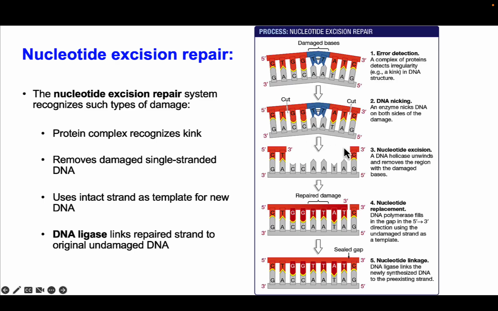So this is the nucleotide excision. This also involves the helicase to unwind this region so that these fragments can be removed. Then DNA polymerase will come back in and fill in the gap from 5' to 3' with undamaged DNA. And then DNA ligase will come in and seal up these regions of this newly synthesized DNA strand. So this is another way DNA repair can occur over our lifetimes.